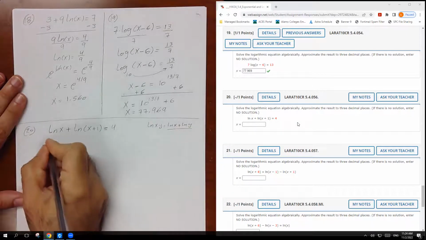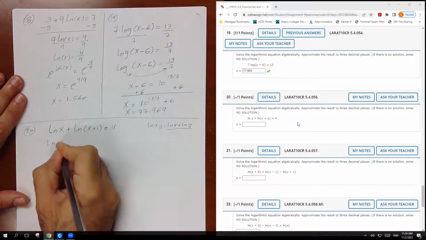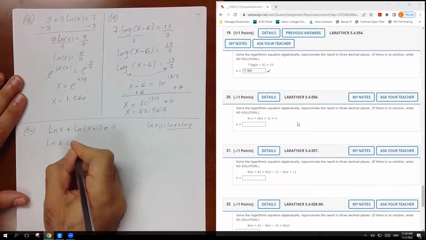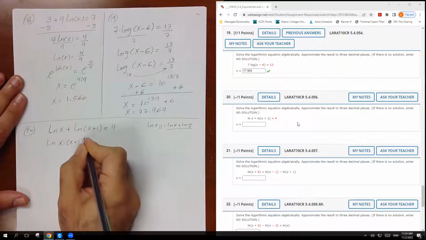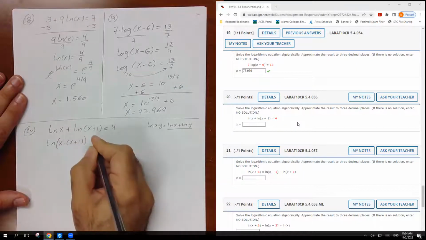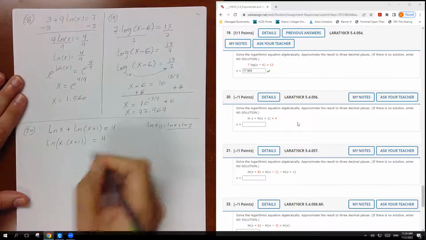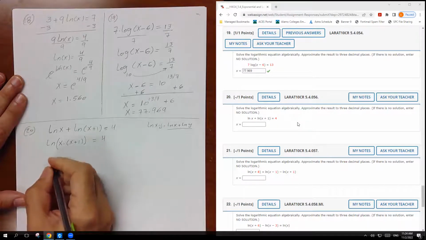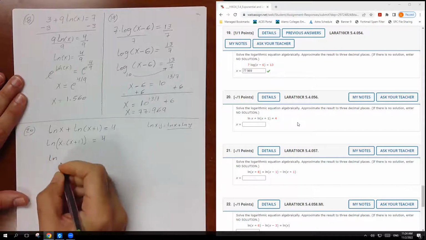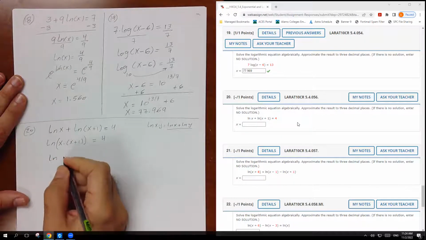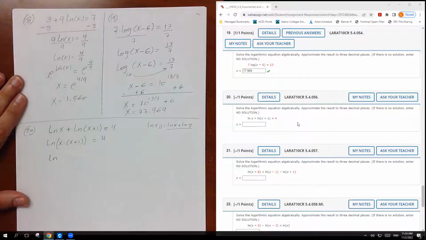So that means this is going to be equal ln x times x plus 1. I put parentheses here for the ln, equal 4. Then you can distribute here, it's fine. It's going to be ln x squared plus x, or you can keep it like this. It's up to you.